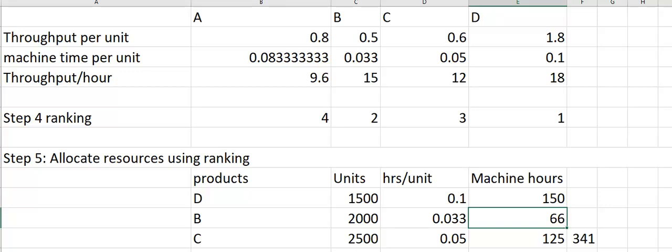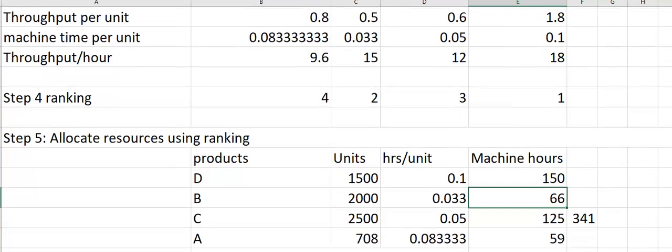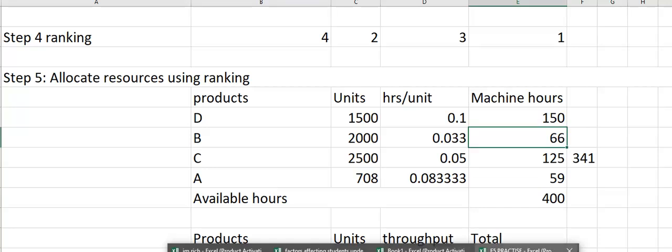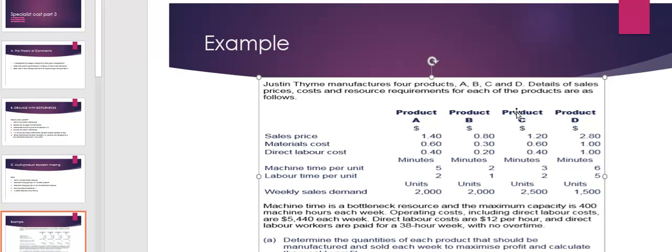Now, let's move on. What about C? C is the third product. How many units does it have? Product C has 2,500 units. Let's try to allocate all units and see what happens.